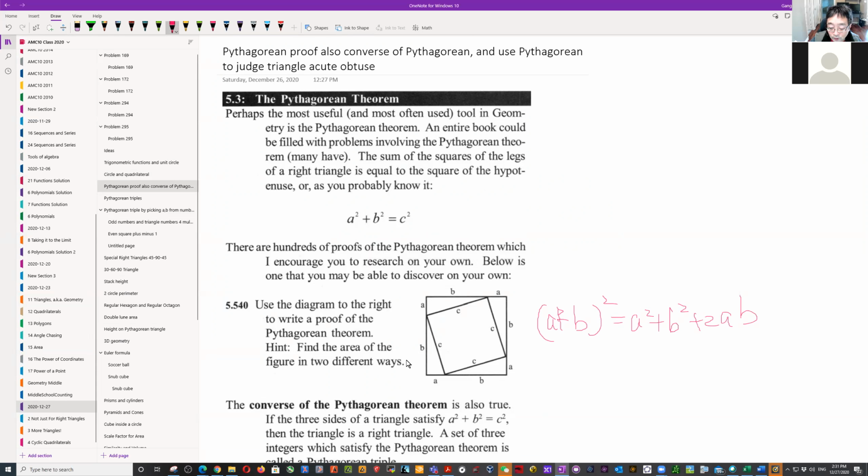Then from the inside, a plus b square is also equal to c square plus 2ab, because it's made up of 4 little triangles. Looking from different angles, the 2ab cancels out, and you prove a square plus b square equals c square. It's fairly easy to prove.